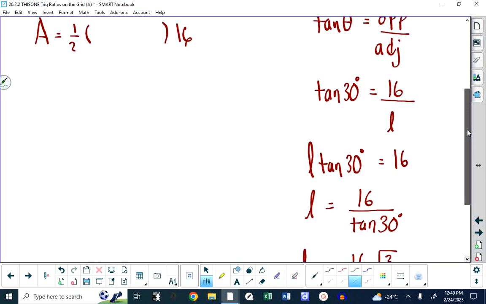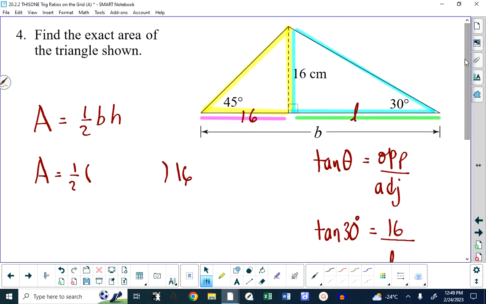And I go back up here to my diagram. This is 16 root 3, which means that entire base is 16 plus 16 root 3. And now I have to simplify this. Well, I don't have to. That's the answer.